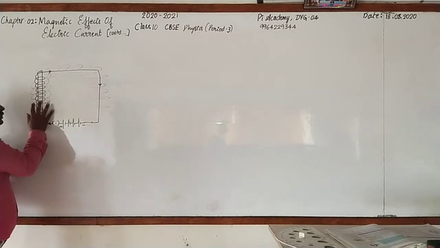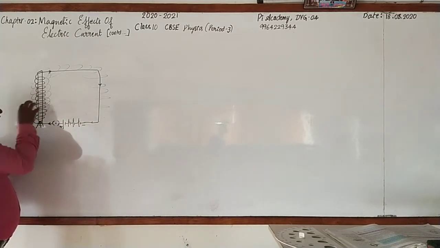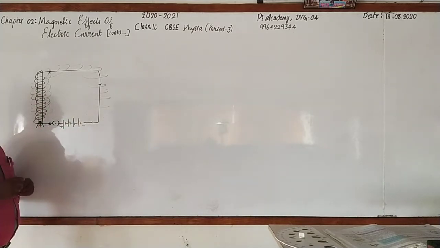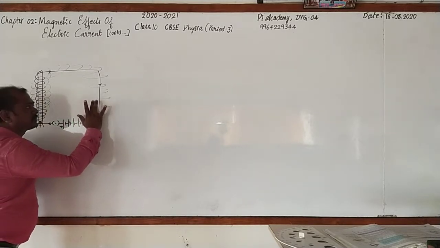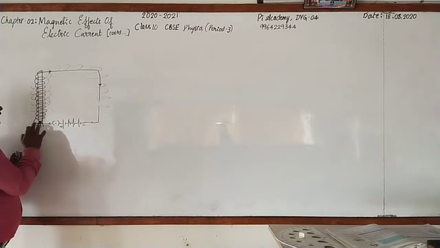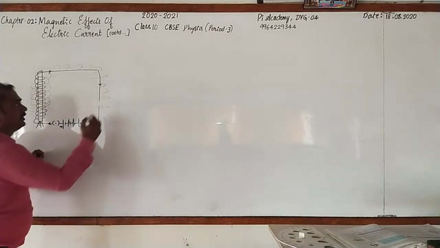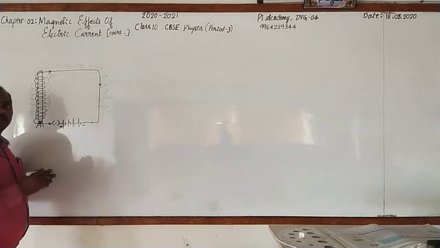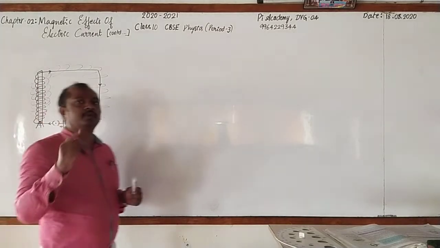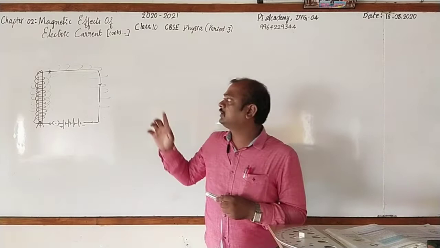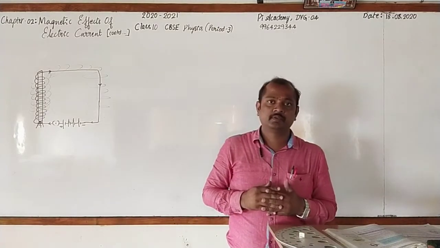But how long does this soft iron piece act as a magnet? As long as current flows. If the circuit is broken, then immediately it loses its magnetic property. Clear? So this is the reason why we use a soft iron piece in the case of an electromagnet.